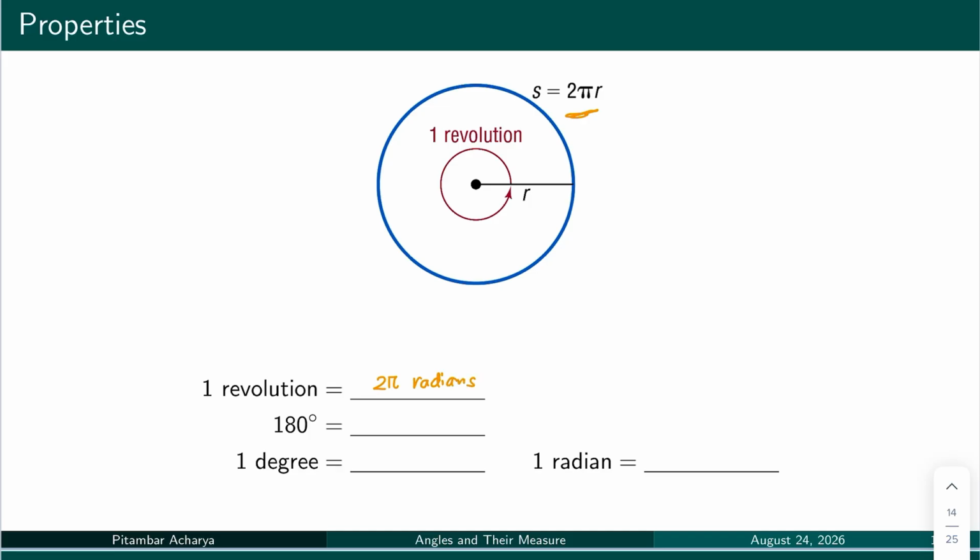So 180 degrees, which is half, is pi radians. What about 1 degree? 1 degree equals pi over 180 radians. So 1 radian, in terms of degrees, equals 180 over pi degrees.